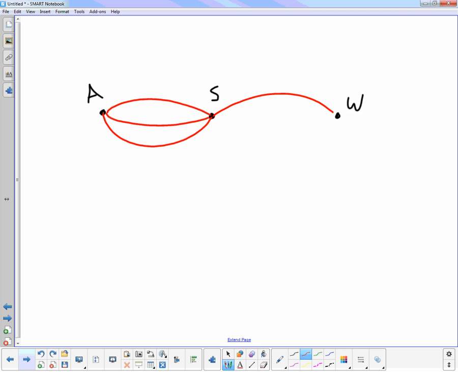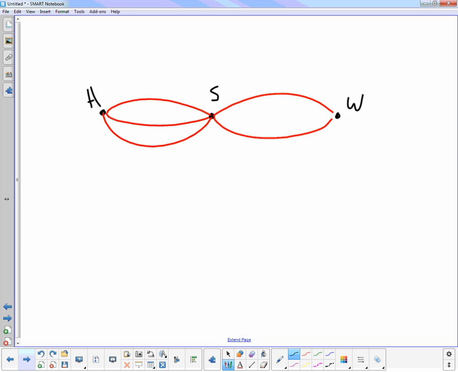And there are 2 roads that you can take from the store to your work. Home. All right, so how many different ways can I make the journey from H to W? 6, right? I can take any one of 3, and then I have to take any one of 2. So it's 3 times 2.